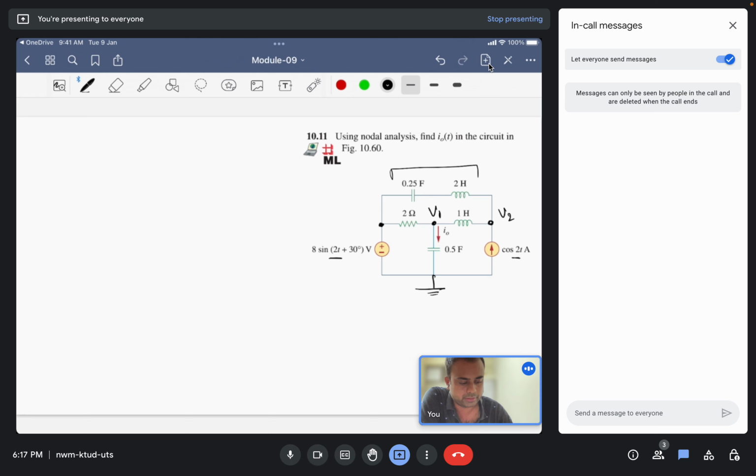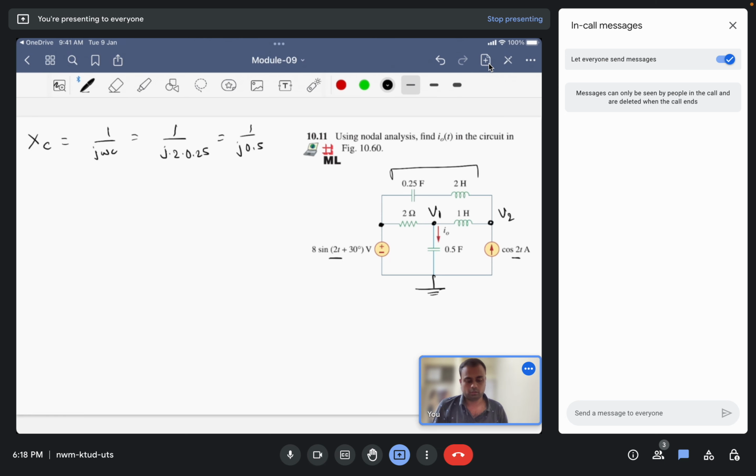These 2 impedances are in series connection. First of all, the impedance of the capacitor is given by 1 upon j omega C. So this will be 1 by j, omega is given 2 and C is given 0.25. So this will become 1 upon j 0.5.